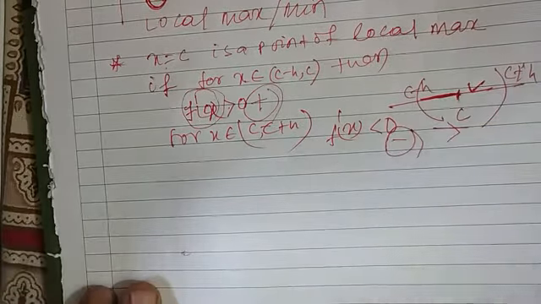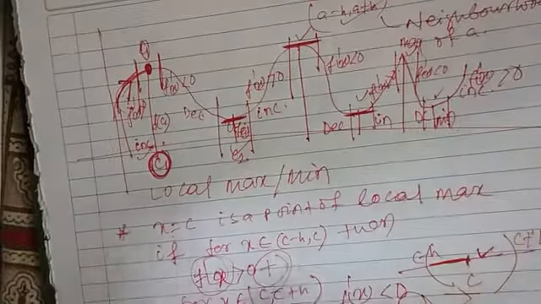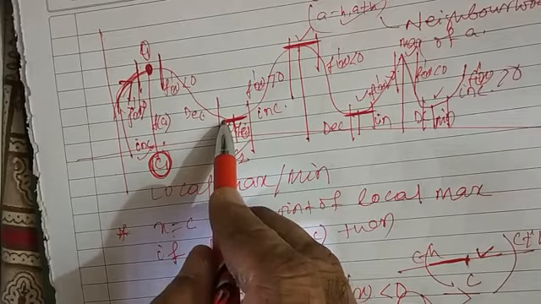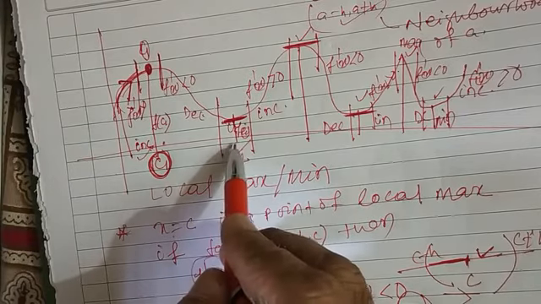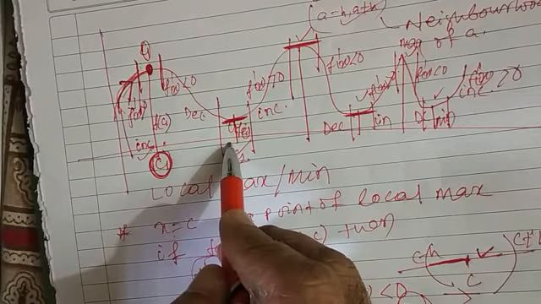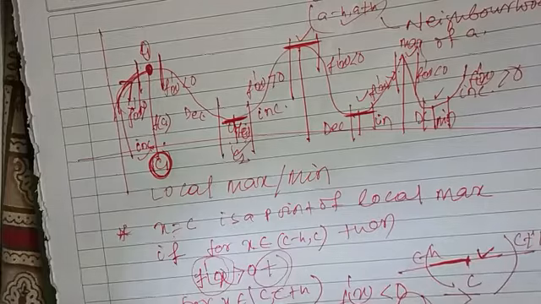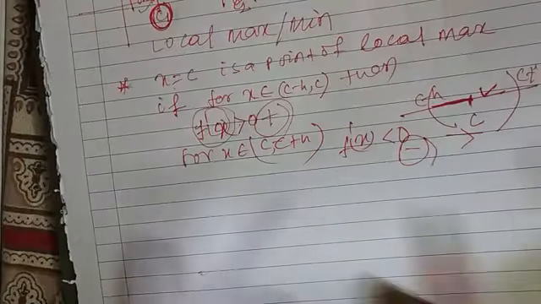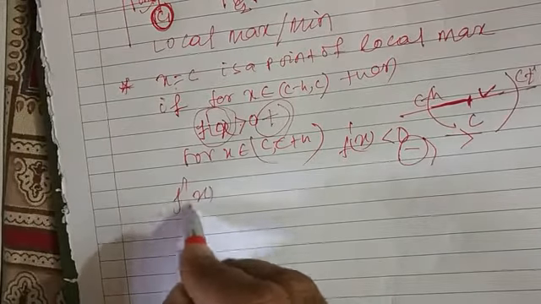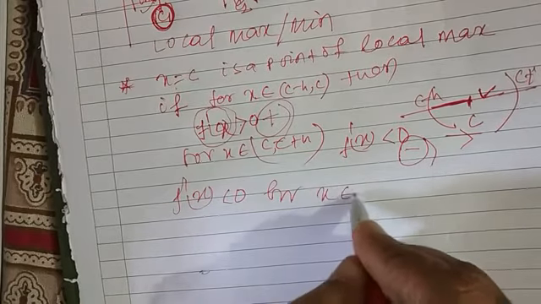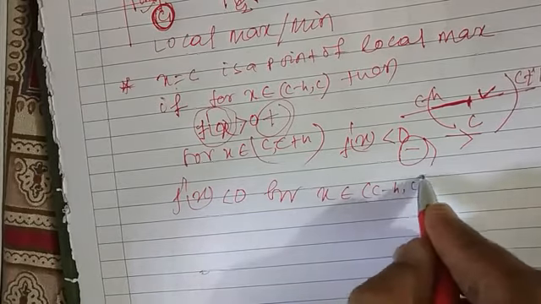Maximum. In the same style, here for local minimum you see f dash x less than 0 for values of x just less than C, and f dash x is greater than 0 for values of x just greater than C. So f dash x less than 0 for x belongs to c minus h and c.